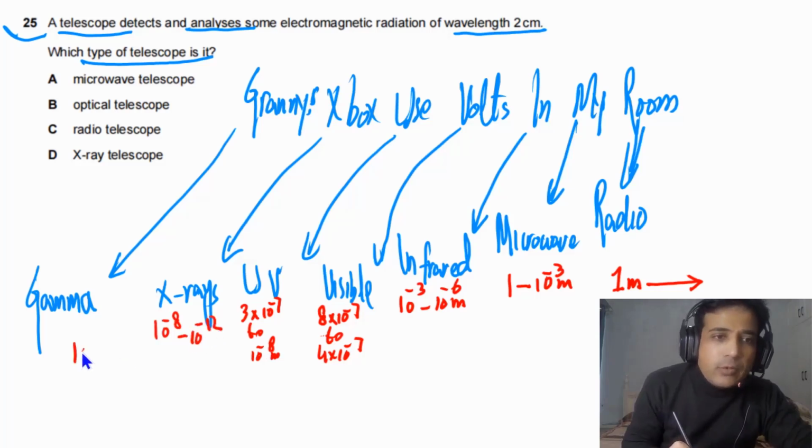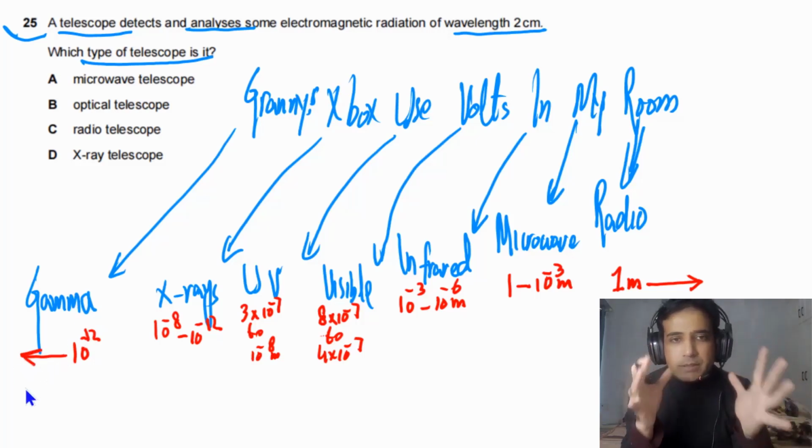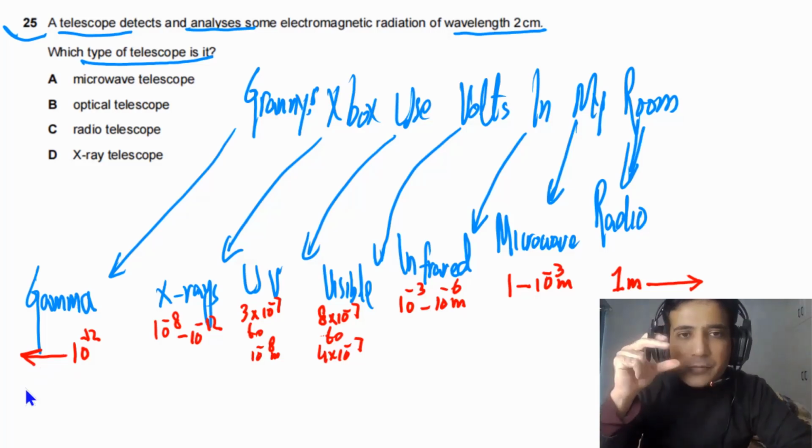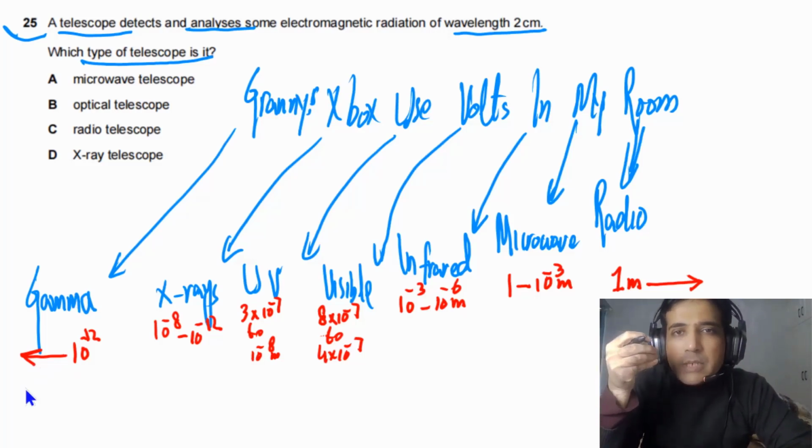And the wavelength of gamma radiations is 10 to the minus 12 and smaller than that. So if you can understand these ranges of wavelengths, you can answer almost 98% of questions about the electromagnetic spectrum in past papers.